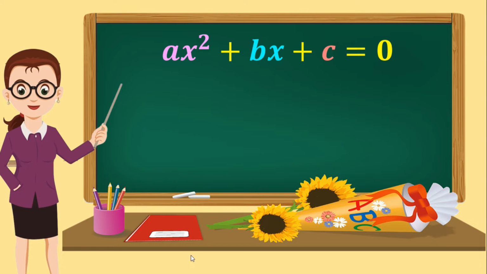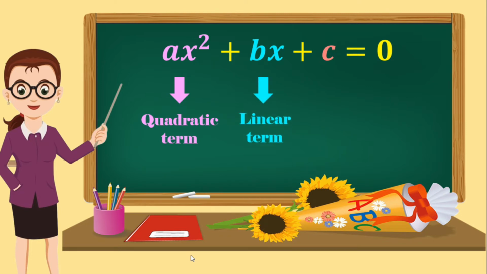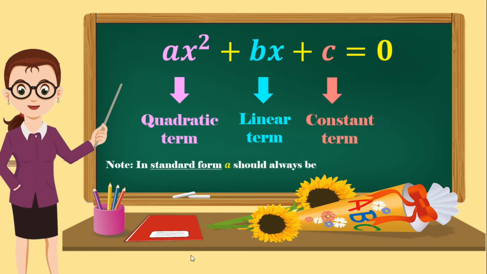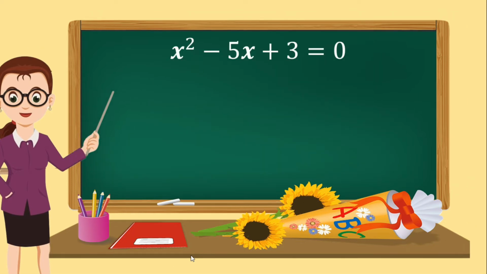In this equation, ax squared is called the quadratic term, bx is called the linear term, and c is called the constant term. Take note, in standard form, a should always be a positive real number. Let's illustrate with some examples.